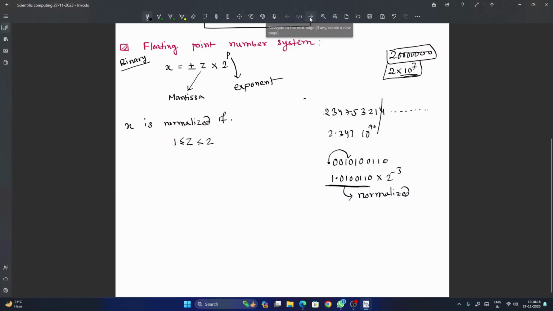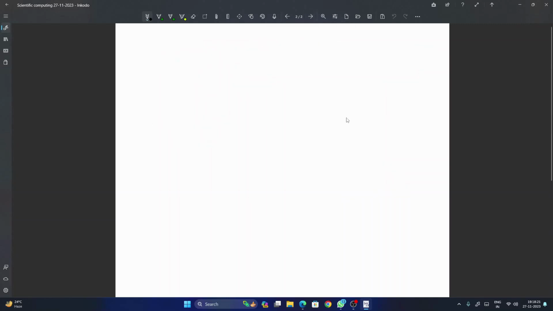Now if you take a typical 32-bit machine system, which is called single precision format, in the single precision format, in the 32-bit system, basically 1 bit is reserved for the sign, only 1 bit reserved for the sign only.